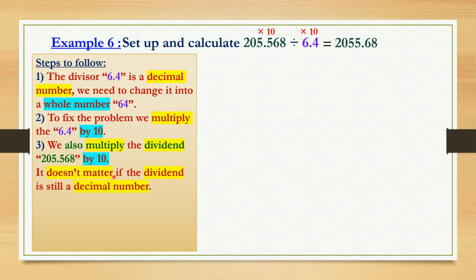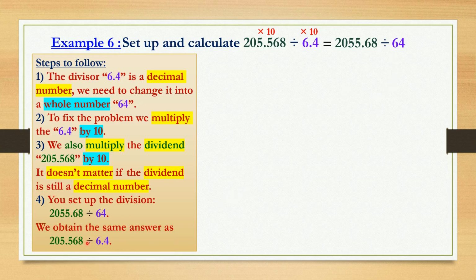So it doesn't matter here if the dividend is still a decimal number. What matters is for the divisor to become a whole number, because we know how to divide a decimal number by a whole number. We learned it in our previous video. So you set up the division of 2055.68 by 64. We obtain the same answer as the original division.